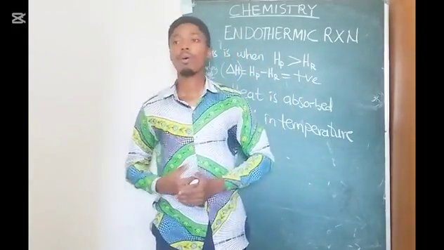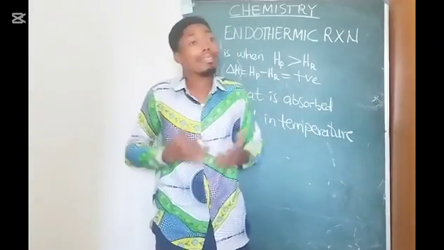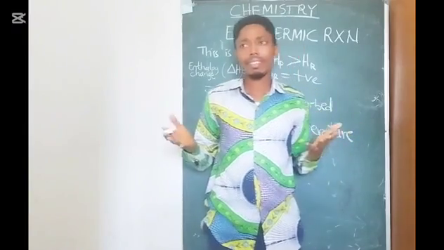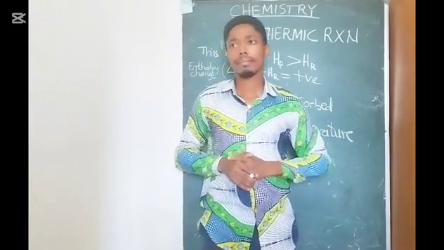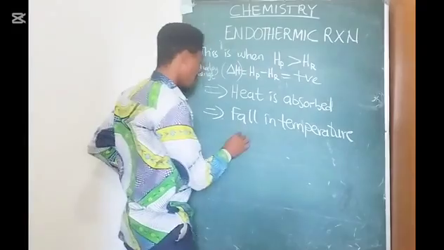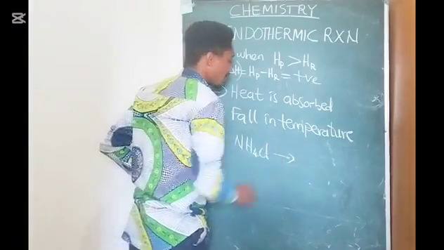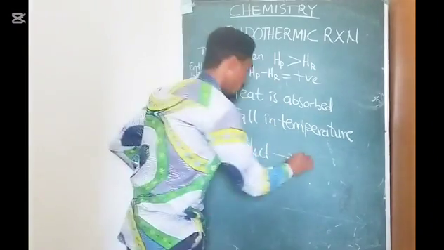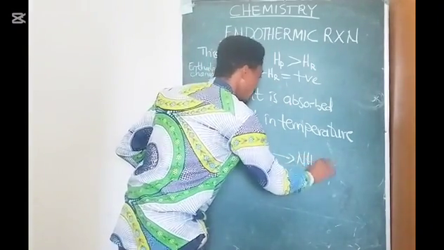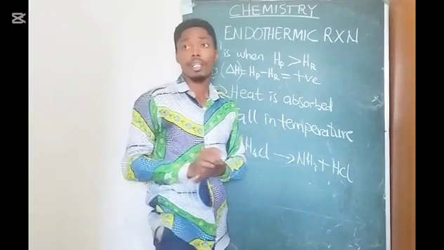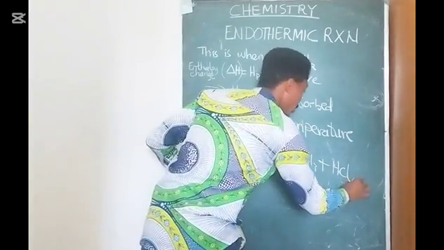An example of an endothermic reaction is the thermal dissociation of ammonium chloride. It's a perfect example. Ammonium chloride, in its solid form, undergoes thermal decomposition to give ammonia and hydrogen chloride.